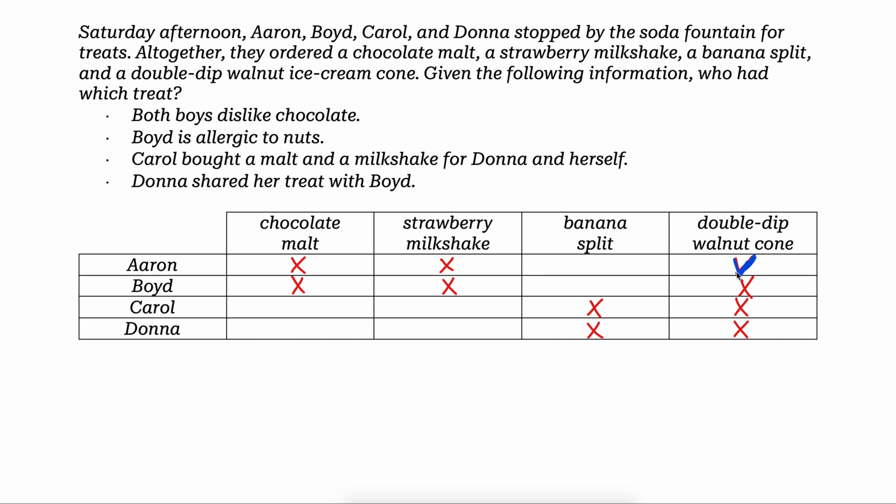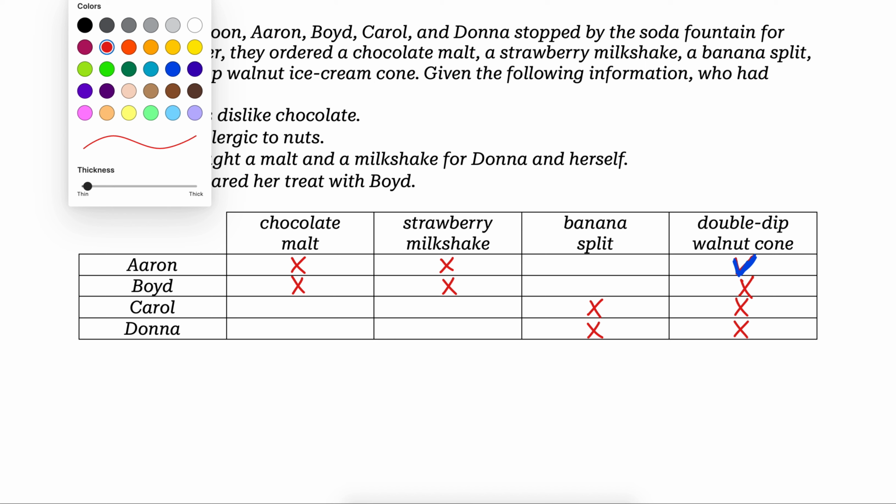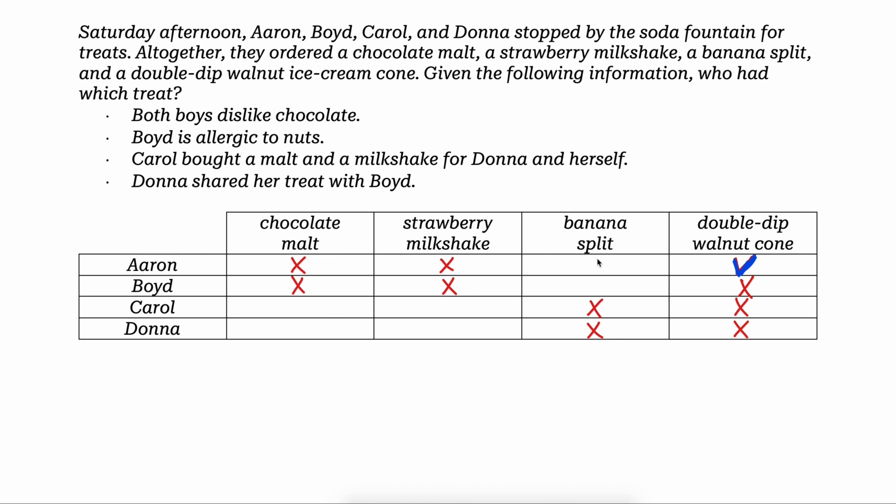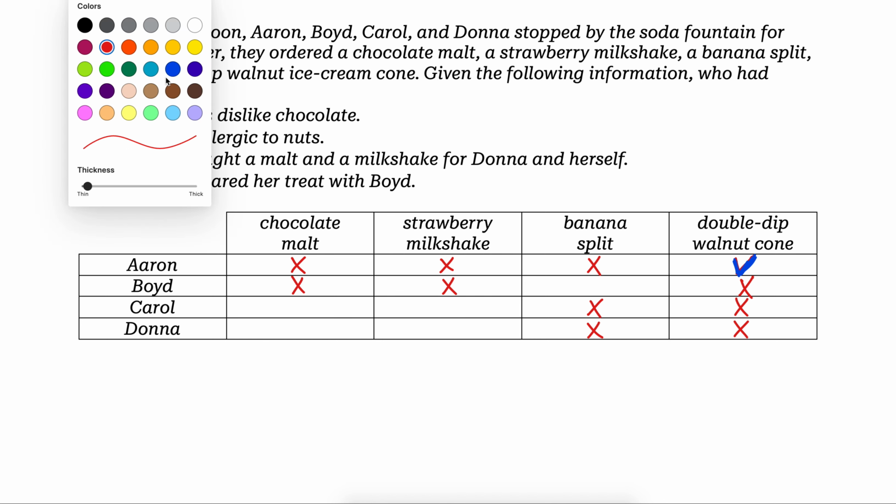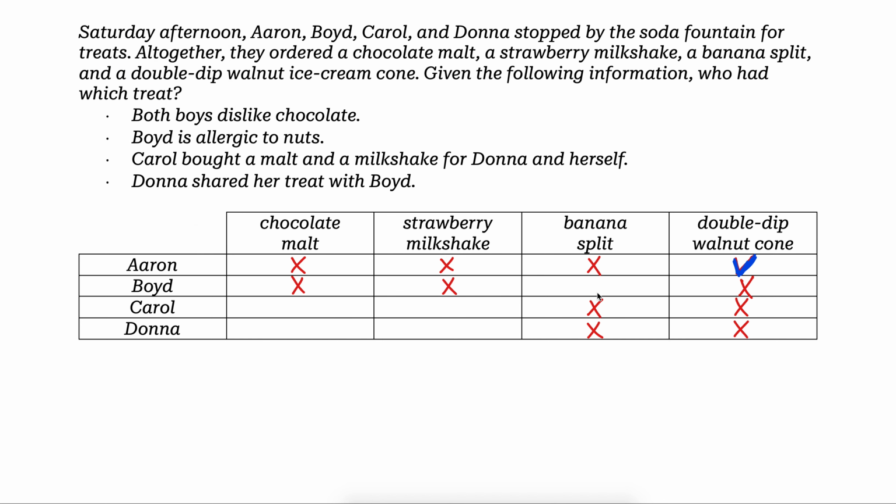There we go. There's our check mark. So if Aaron had the double dip walnut cone, he did not have the banana split. So the only person to have the banana split is Boyd. So we are halfway done.